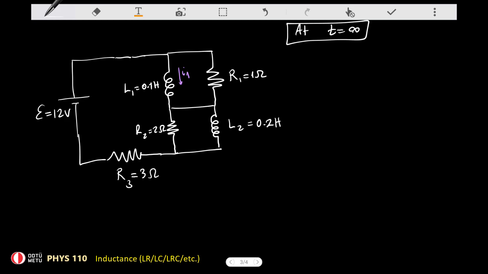What's important in here is that, of course, I1 and I2 have final values. So that's the physical principle that we are going to use. That means the rate of change of each current is equal to 0 because they have reached their final value, so they don't change anymore.